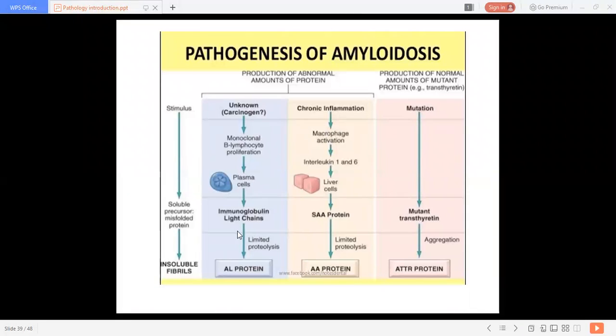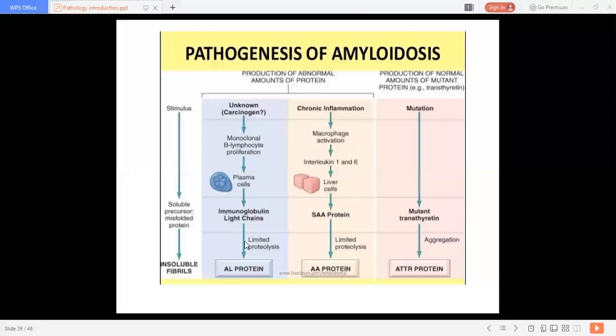The partial degeneration, that is proteolysis, occurs in the macrophages. Here it is not given, but you can write it down. Then there is formation of insoluble fibrillar proteins, that is AL protein. Of course, it is the abnormal extracellular accumulation of proteinaceous fibrillar substance.